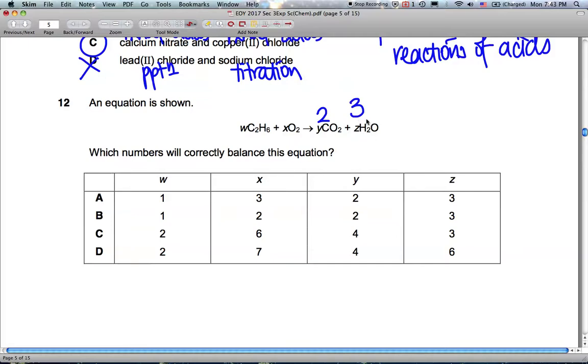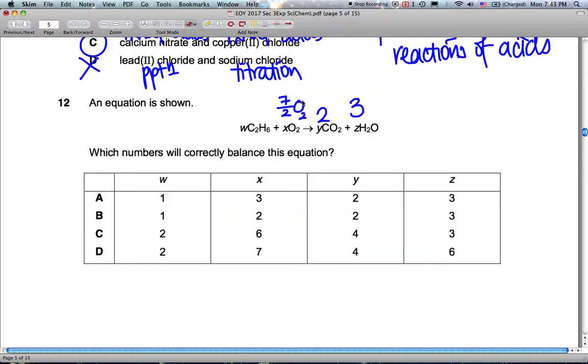Then I look at the number of oxygen I have. On the right hand side, we have 2 times 2, 4, plus 3 oxygen, which gives me 7. So 4 plus 3 is 7 oxygen, but in this case, we have O2, so it's 7 over 2 O2.